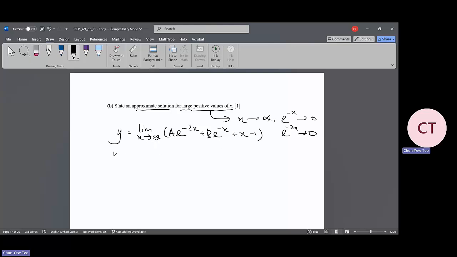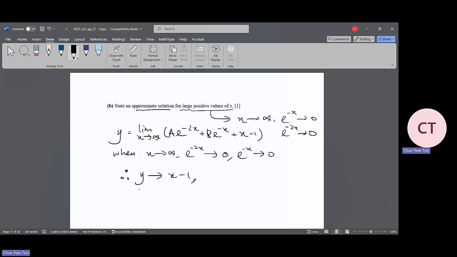So you just say that when x approaches infinity, e power -2x approaches 0, and e power -x also approaches 0. Therefore, your y is only approaching x minus 1. Okay, so this will be the answer.